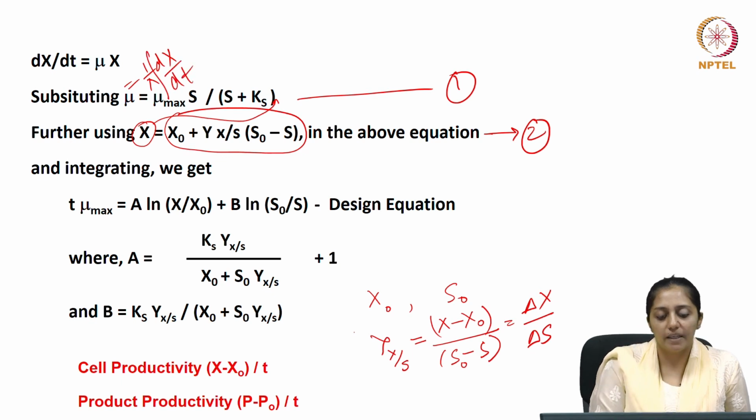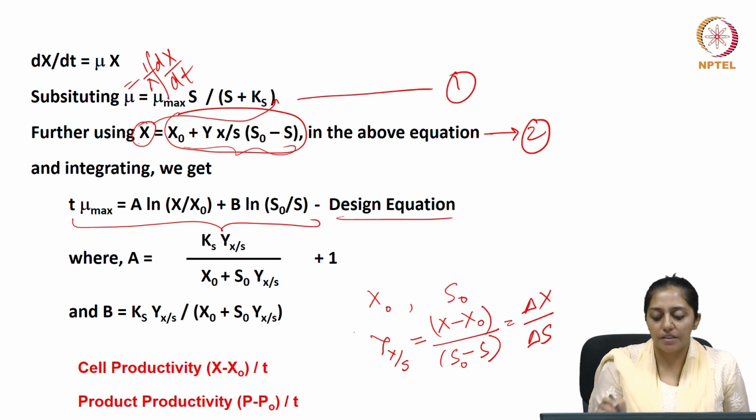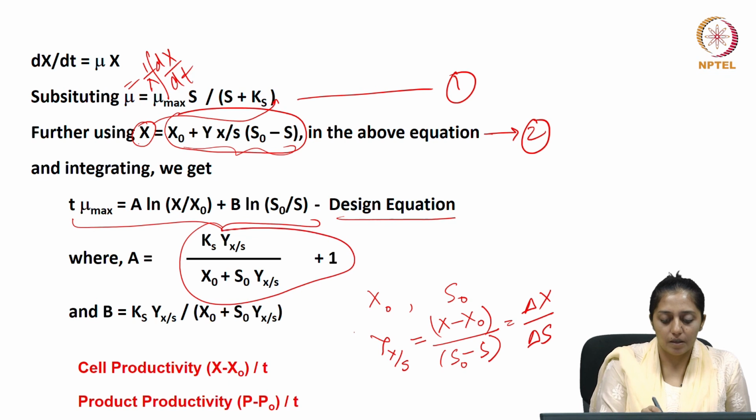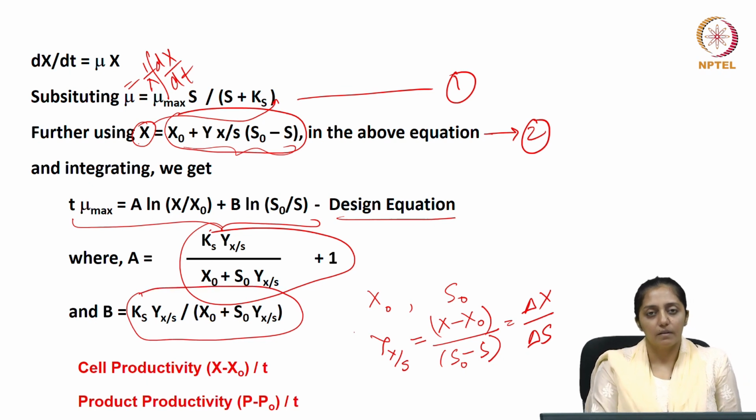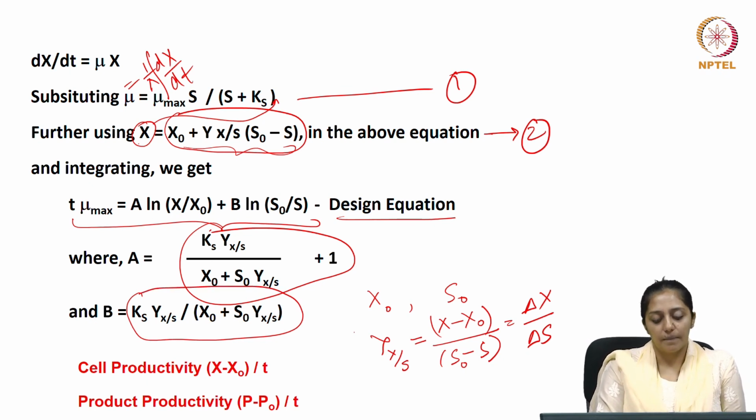So, in order to get x, you will integrate this equation after substituting the x in terms of S. Now, when we integrate, then we end up in this form, which is called the batch design equation, where A is a constant given as this and B is another constant which can be given as on the slide.